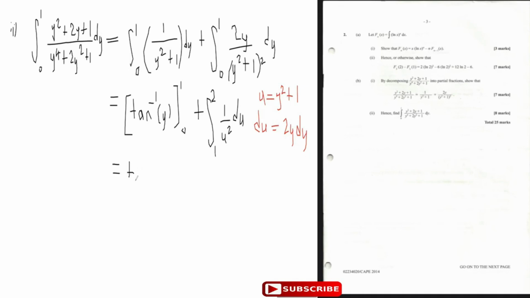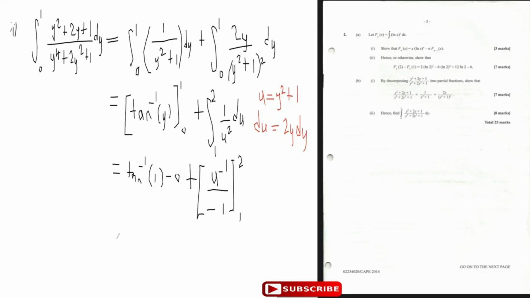So I get tan inverse of 1 minus tan inverse of 0, which is minus 0, plus, when I'm doing this integration now, this is really u to the minus 2, so I add 1 to the power to get u to the minus 1, divide by the power of minus 1, and of course I'm integrating from 1 to 2. So let's go ahead and do that.